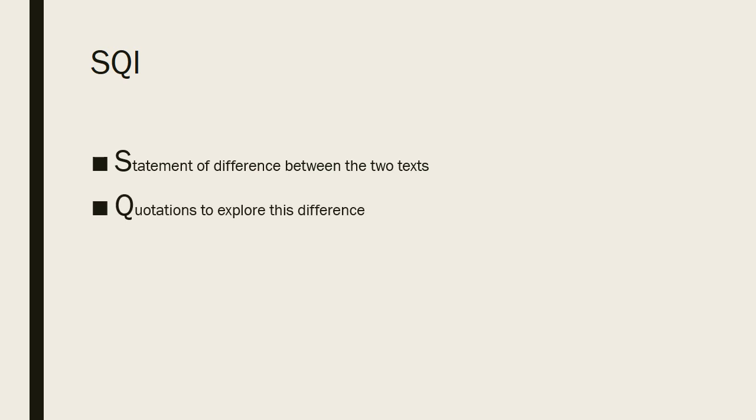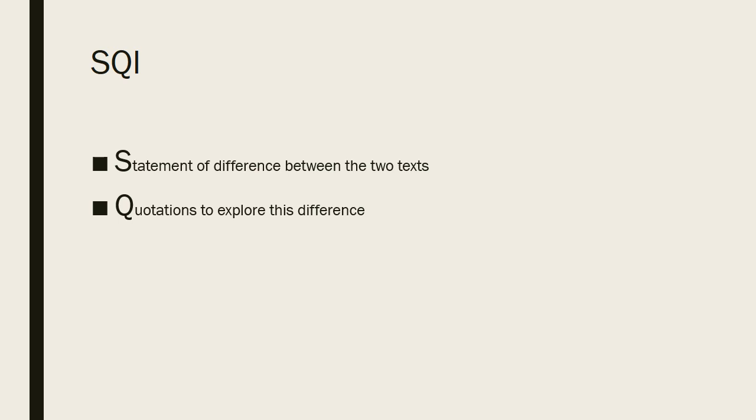So what does it stand for? First of all, the S is a statement of difference between the two texts, because that's the first thing you're going to write down. You're just going to state the difference that there is between the two texts. And that's literally what you've just planned. The Q, which I'm sure you guessed, is quotations. Quotations, obviously at least one from each text, that explore that difference.